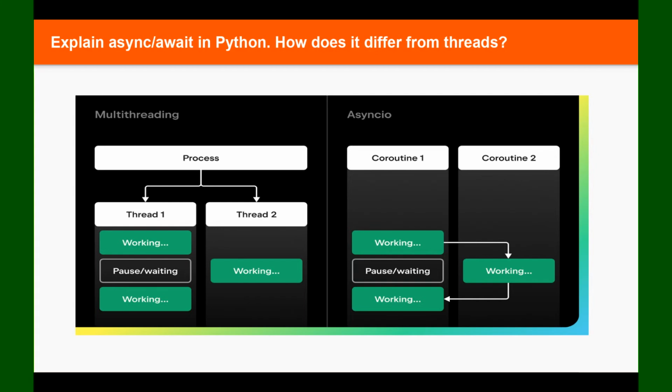The GIL affects multithreading but not async and await. Multithreading is easier to use for a simple task, whereas it is complex compared to the async task.